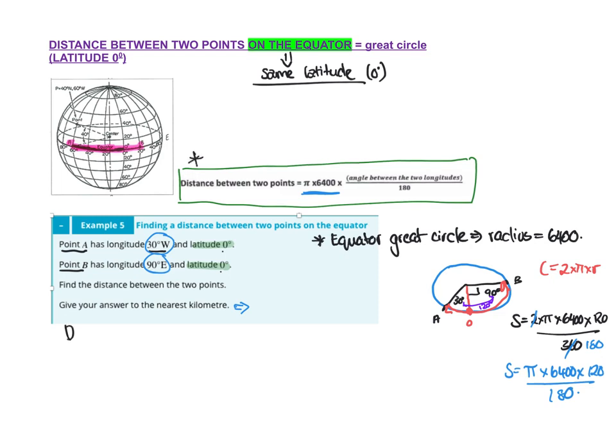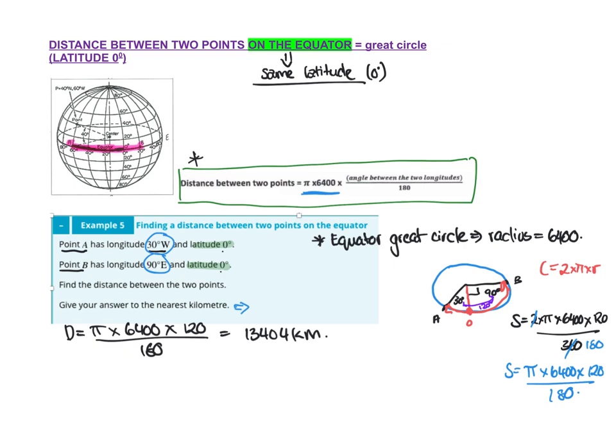Distance equals pi times 6400 times 120 over 180, and we got 13,404 kilometers between those 2 points on the world. It's going to be a big distance if someone's gone west and another point has gone east. You are literally on nearly opposite sides of the world.